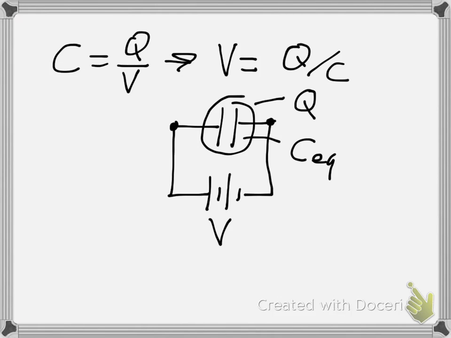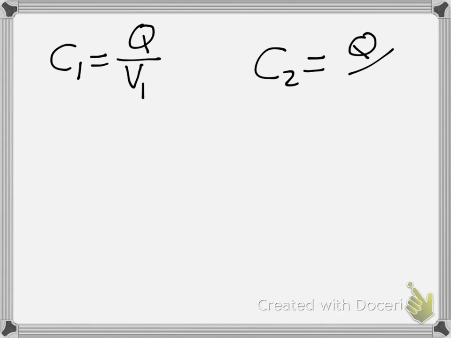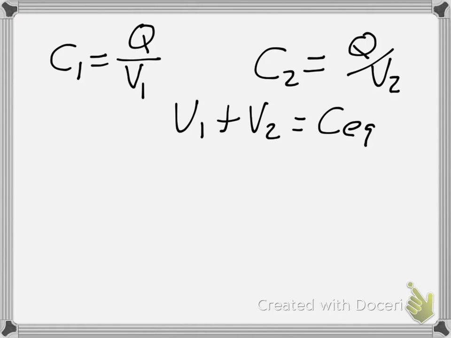All right. So once again, recalling that C1 equals Q over V1, and C2 equals Q over V2, and we have that V1 plus V2 must equal V equivalent. Sorry, that's V equivalent.